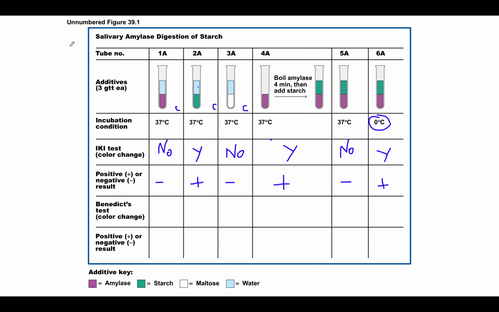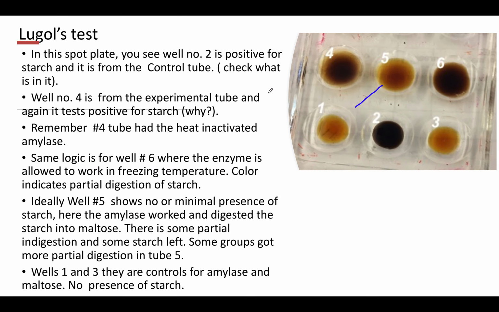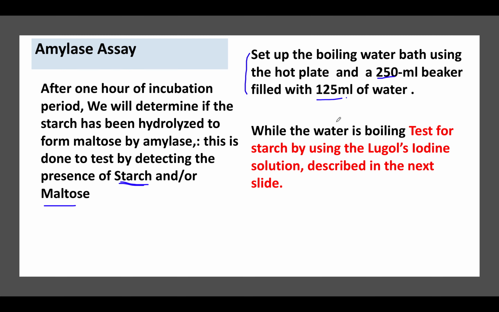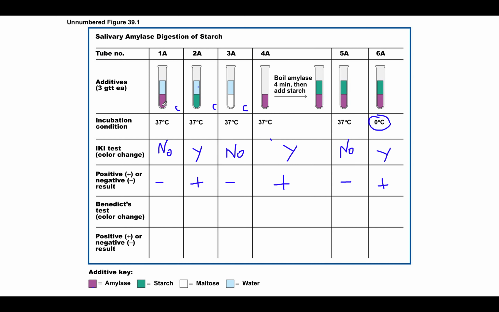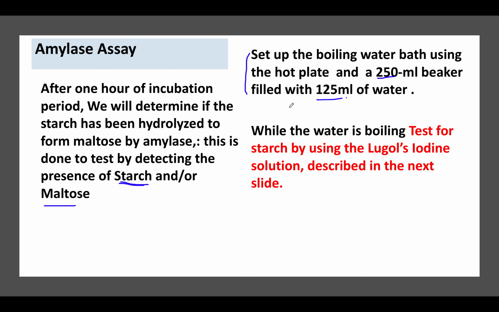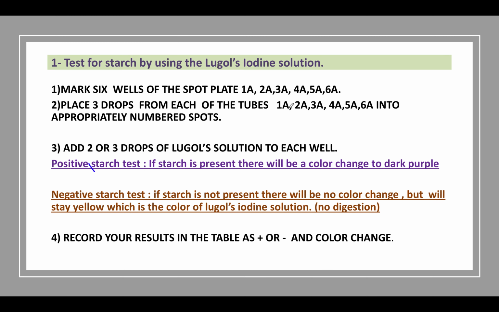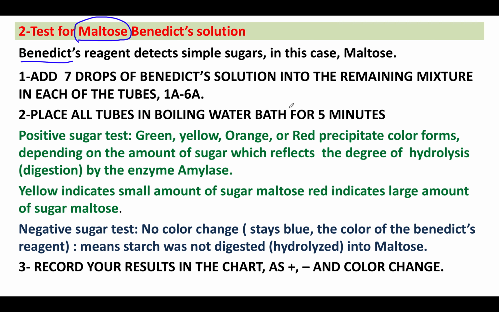Remember our test tubes. We took 3 drops of these test tubes and put them on the spots for iodine to check for the starch. The rest of the tubes, we put in boiling water. Of course, we added 7 drops of Benedict solution and then placed them in boiling water for 5 minutes.